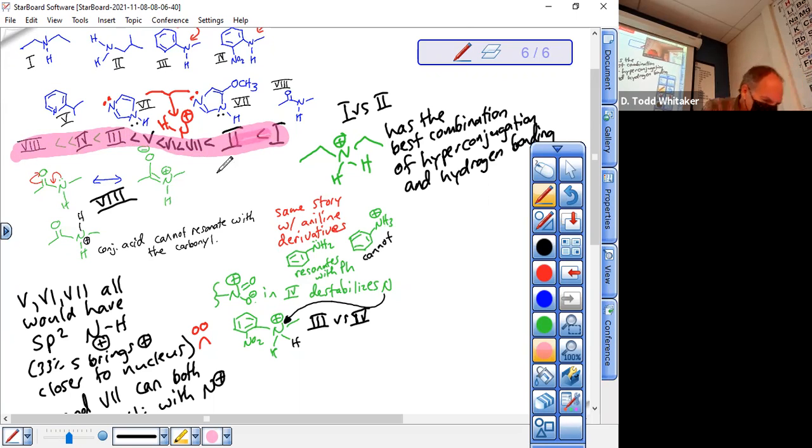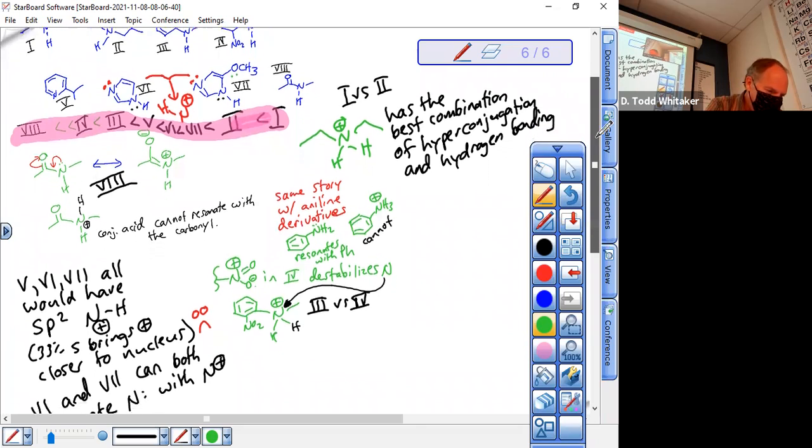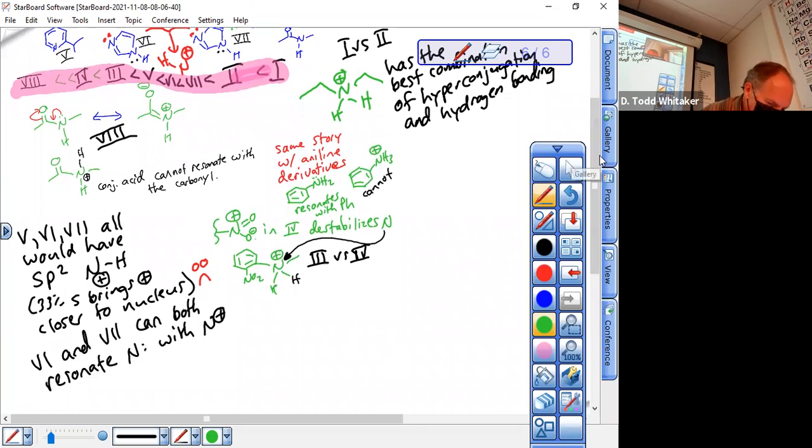And the answer for why VII is a little better than VI: we have a lone pair on oxygen that can also resonate in towards the ring. I'm going to write that right down here. VII has a lone pair on oxygen that can resonate and stabilize the N cation. I'm going to write that down here.